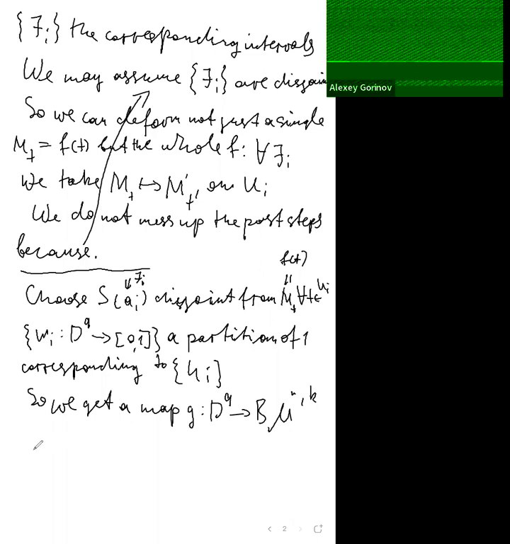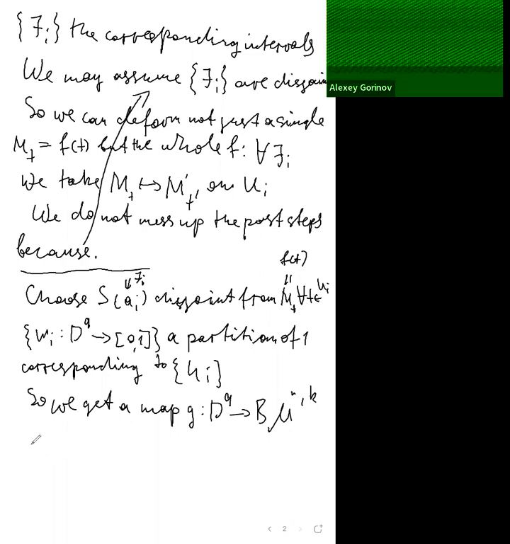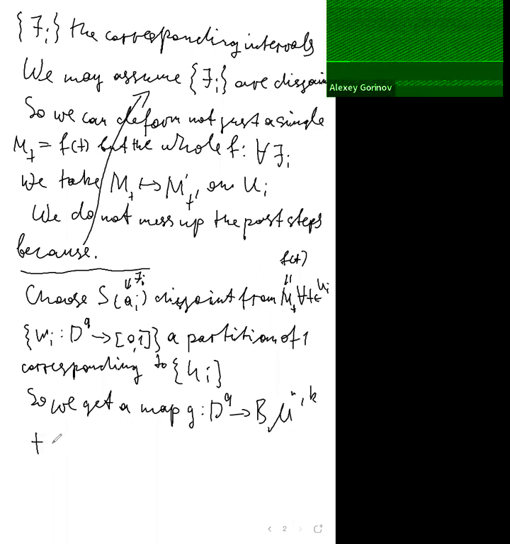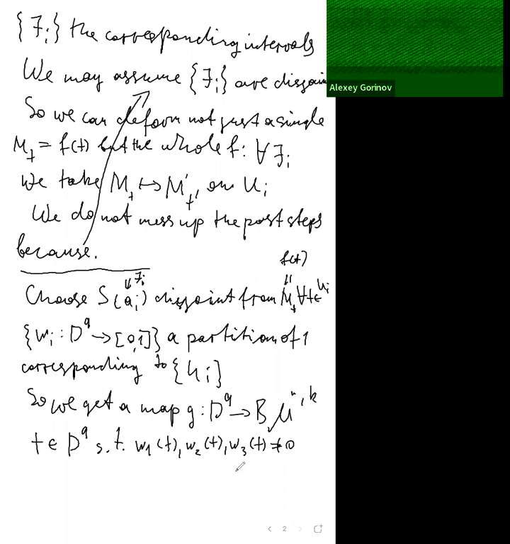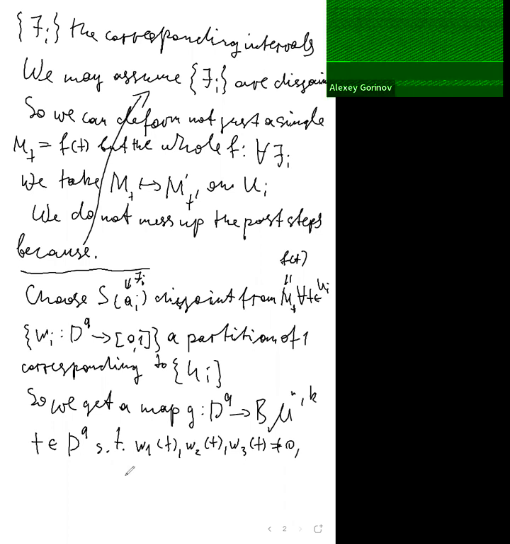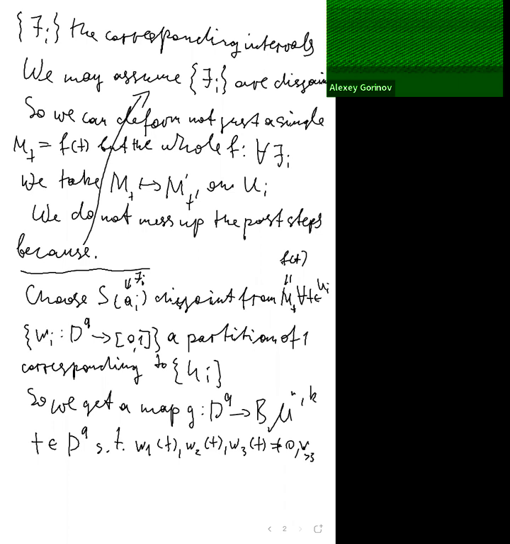Okay, well, what does this map do? Well, suppose I have the t inside the Q, such that at this point W1, W2, W3 are non-zero, and the rest of them are zero.